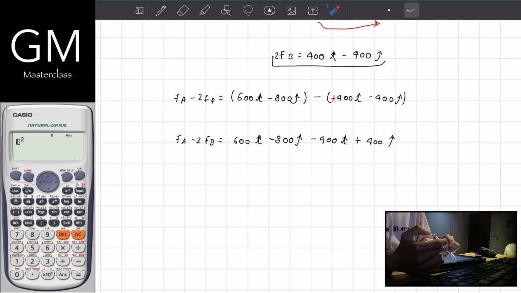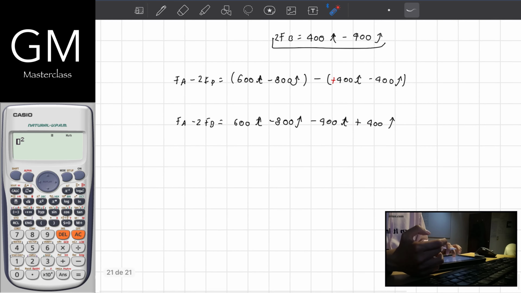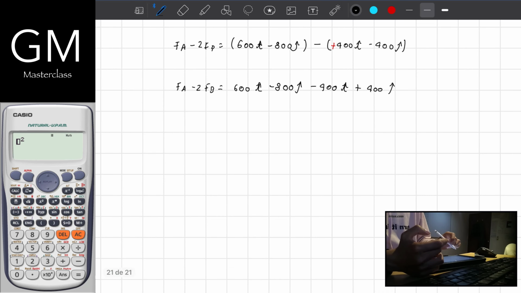As you can see, I've changed this symbol to a negative and this symbol to a positive. So I'm going to combine this value with this value, because these two values are along the same direction, the I direction.